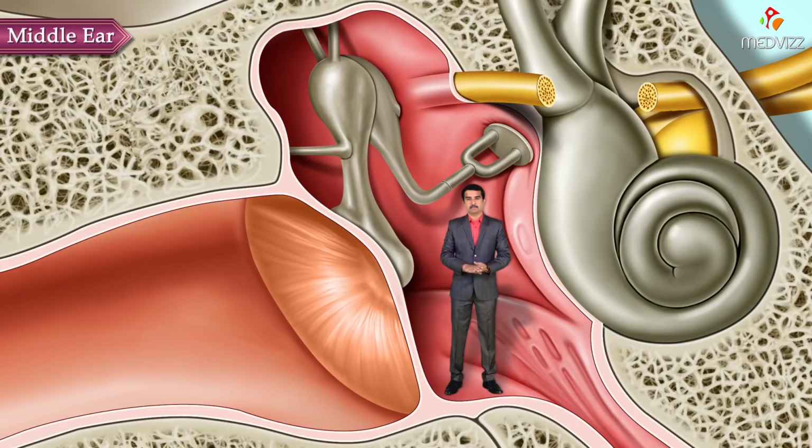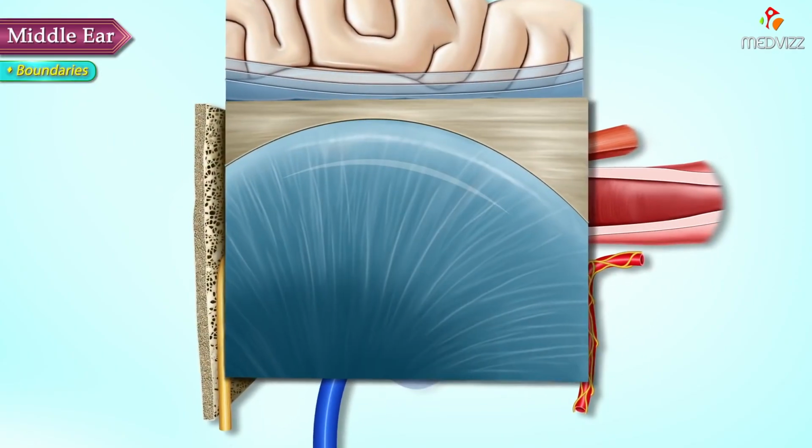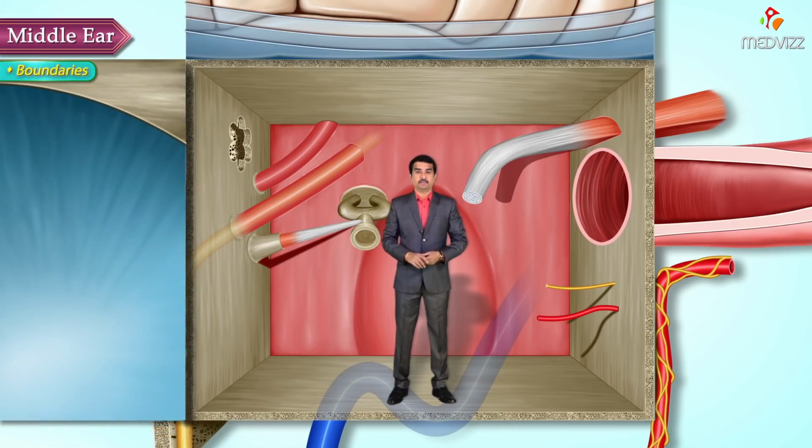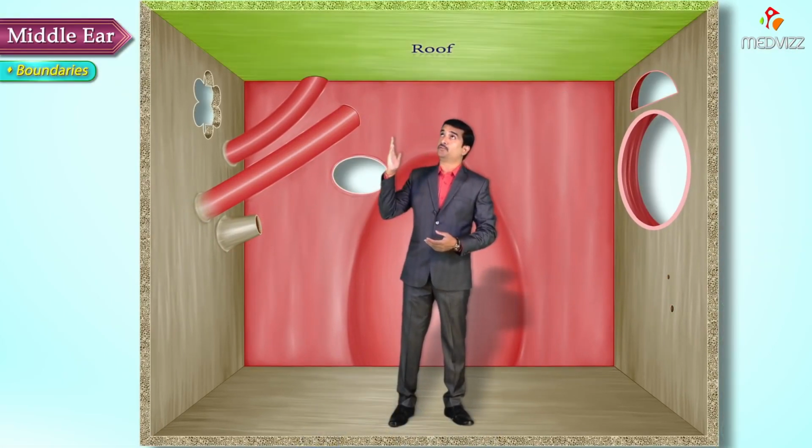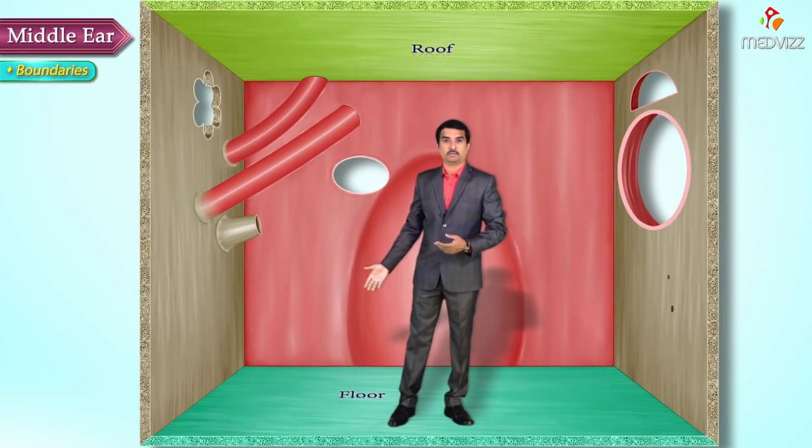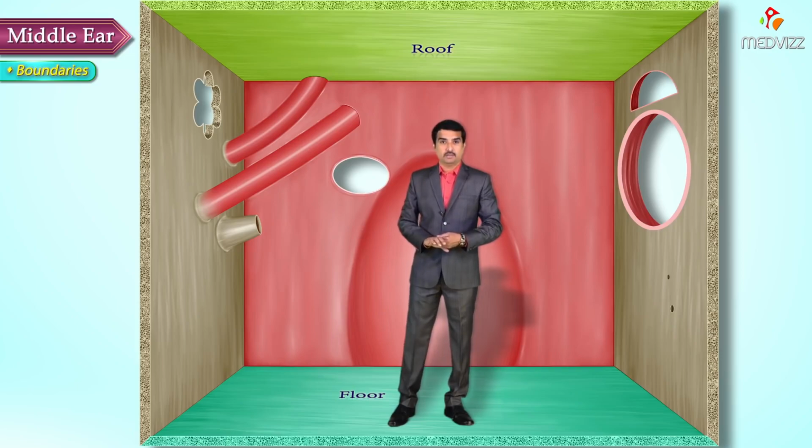Now we shall discuss the boundaries of the middle ear. For better understanding, the middle ear can be visualized as a rectangular box. Here you can see it looks like a rectangular box which has a roof, a floor, and also a medial wall.